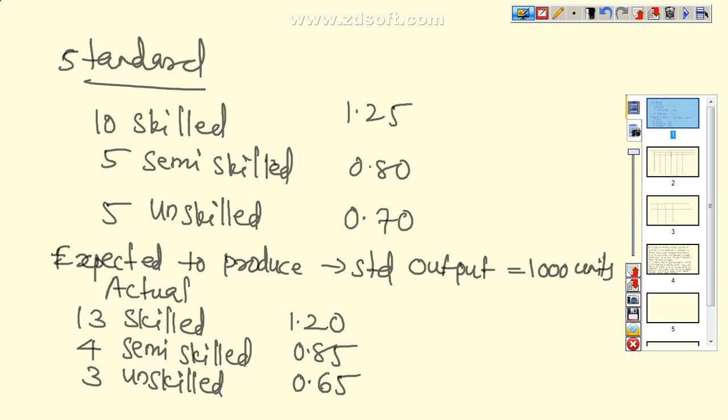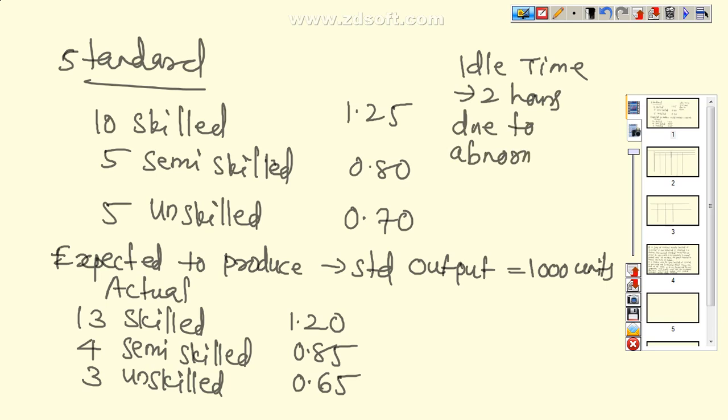So in this question, idle time is also given, that is 2 hours due to abnormal idle time. Abnormal idle time may be due to machine breakdown, power failure, waiting for instructions, or waiting for raw material.